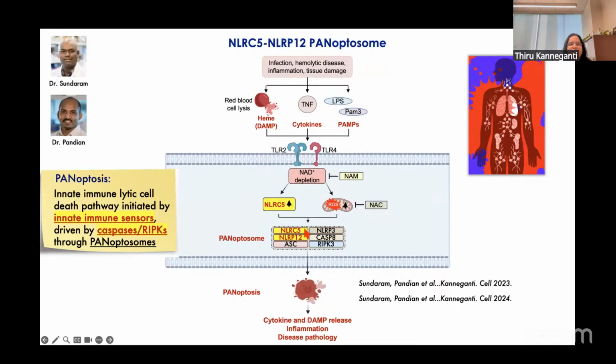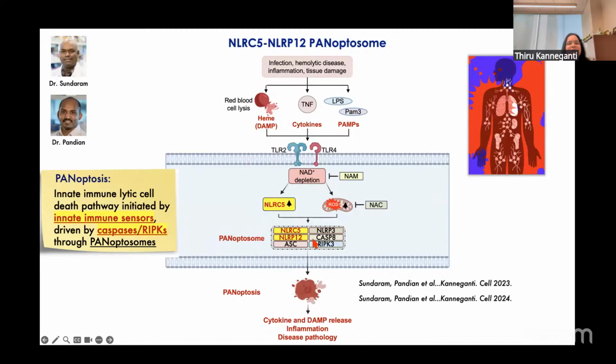We also asked what is upstream of NLRC5 and NLRP12, and we were able to show that NAD depletion and ROS could act upstream of the sensor pathways. This again brings the new concept that a metabolite alteration in the cytosol could also be sensed by these NLRs or cytosolic innate immune sensors.